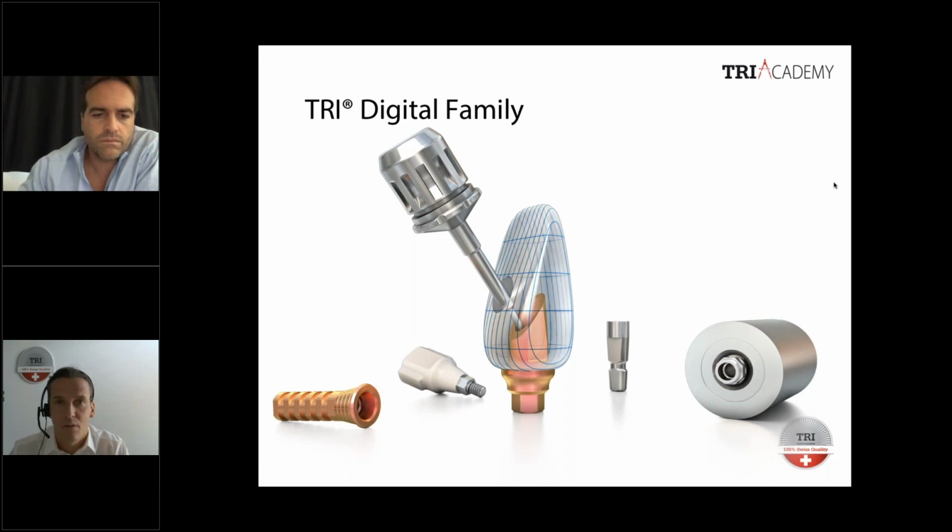But it's very important to understand that our tie base is one product, but you can have 4 different designs and you can individualize it.